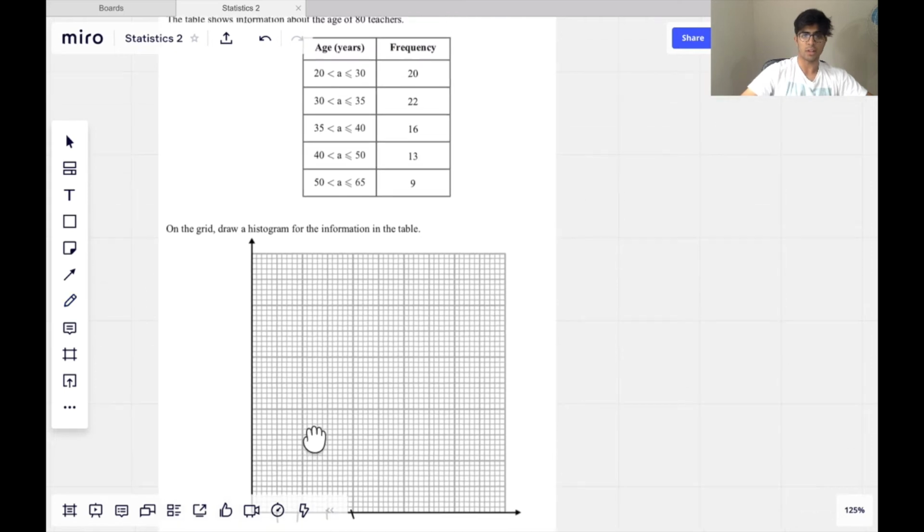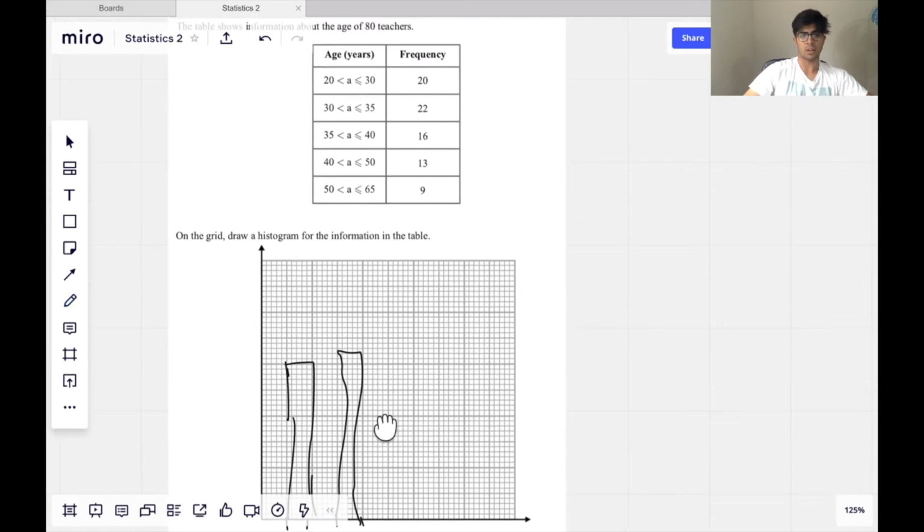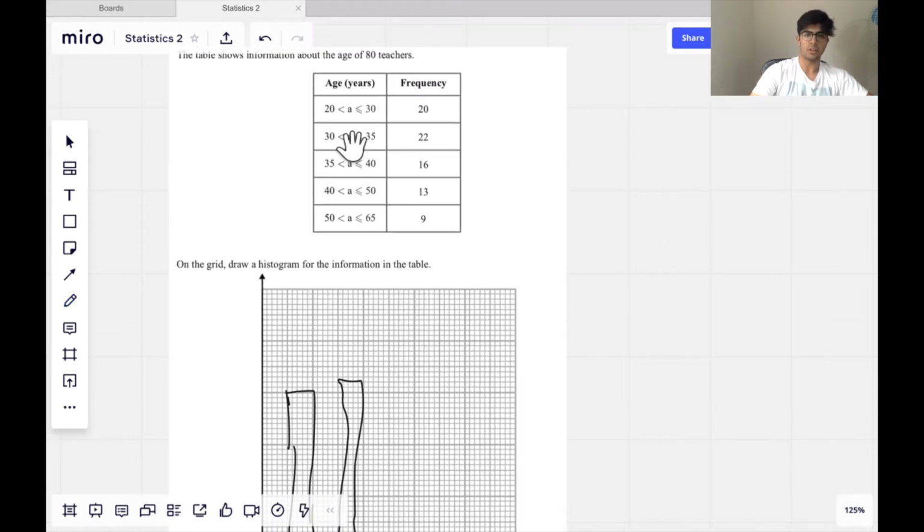You could plot 20 here and 22 here, which fair enough does kind of make sense, but it doesn't take into account the differing width.